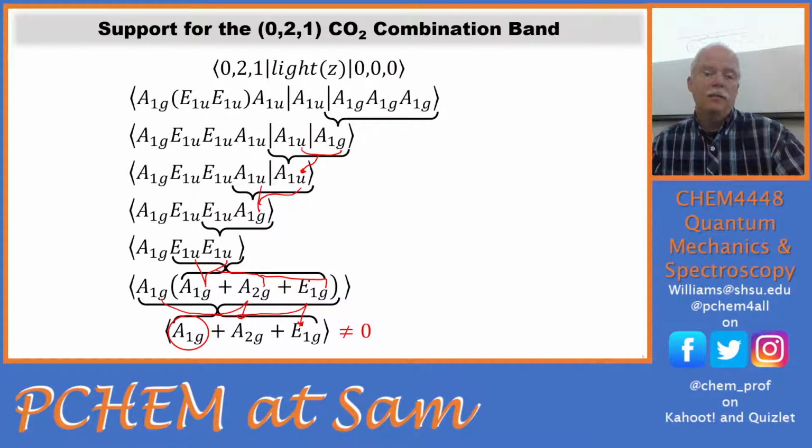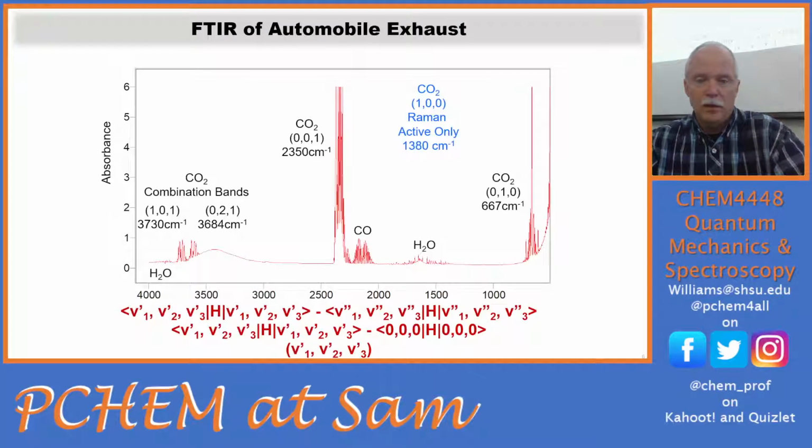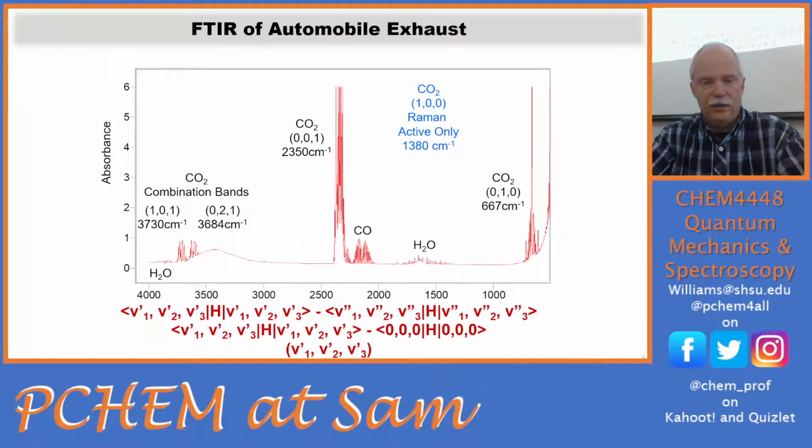If this is a really small integral result, the photon could match the energy, but it's just not very probable, so it goes right through. So not every photon that hits a molecule is going to be absorbed, even if it matches a symmetry-allowed transition. Okay, so that's that 3684 band.